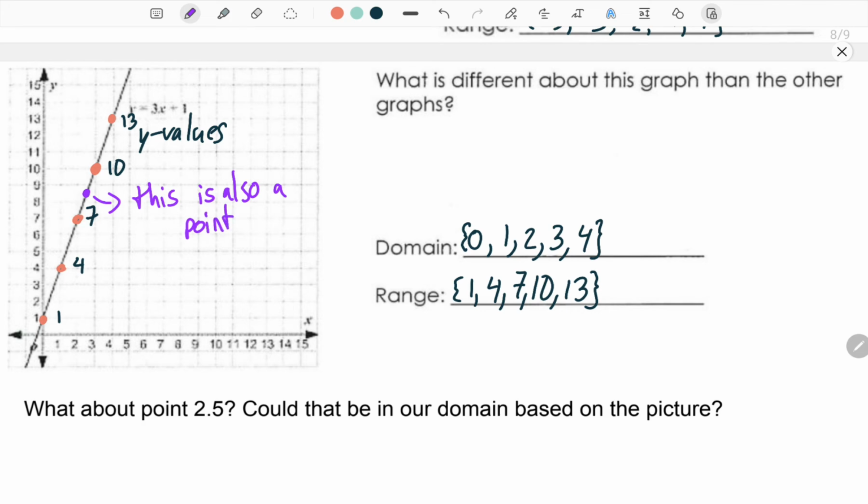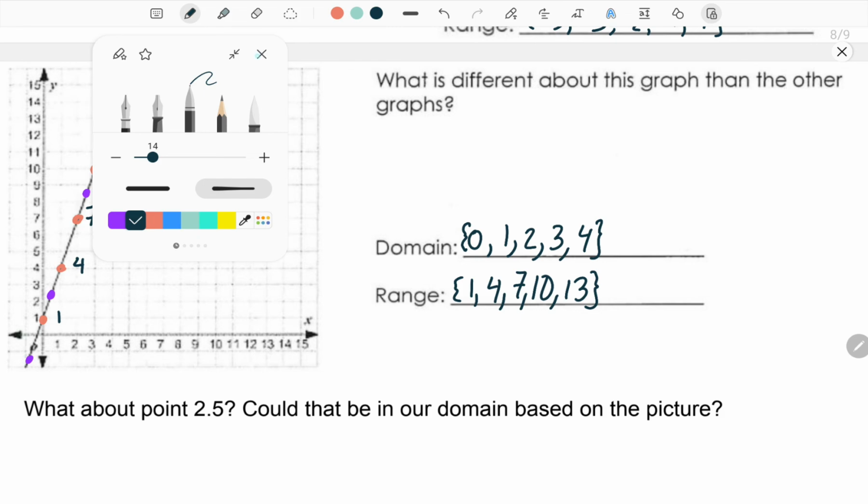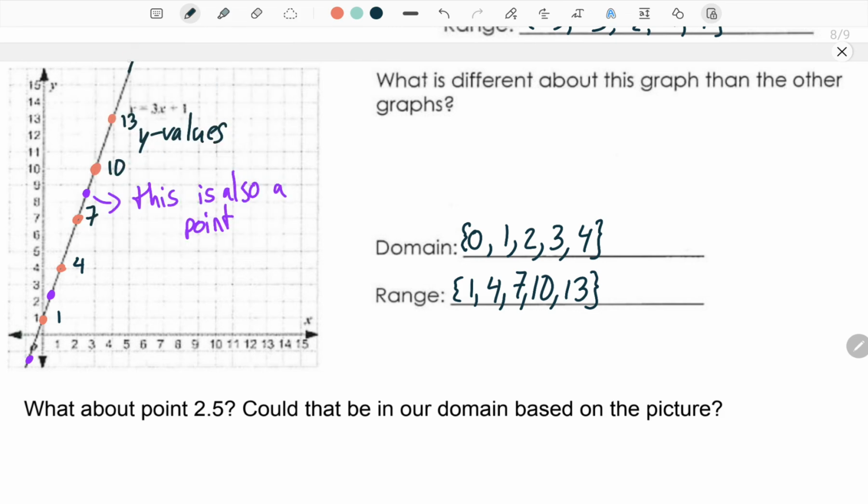And in fact, you could do any sort of point or number. So like if you did 0.5, well, that's on the graph. You go way down here. And the thing is with this graph, the line's cut off, but the line would keep going on and on forever and ever in both the direction to the right and to the left.